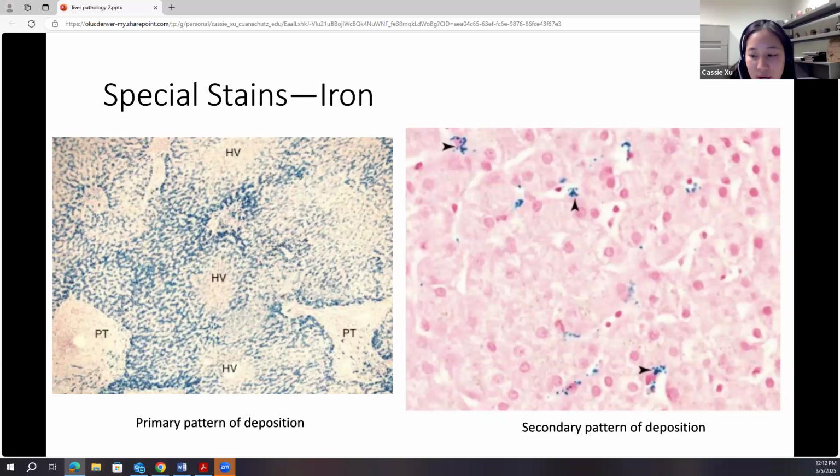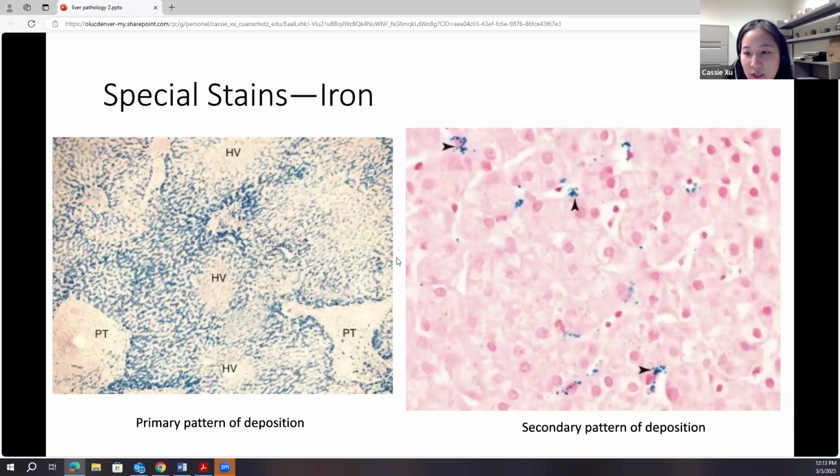And when we're thinking about the secondary pattern of deposition, this is non-specific, but things like hemolysis, transfusion, hemodialysis, sickle cell disease. And then you can also get a combination of the primary and secondary patterns. You'll see some iron deposition within hepatocytes and some within the sinusoidal Kupffer cells.